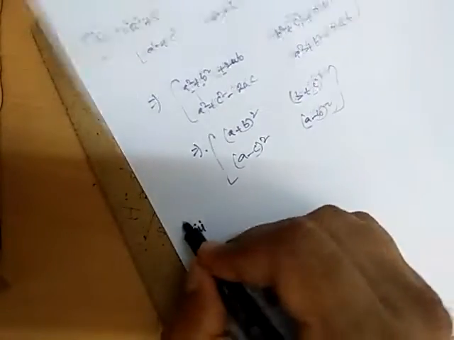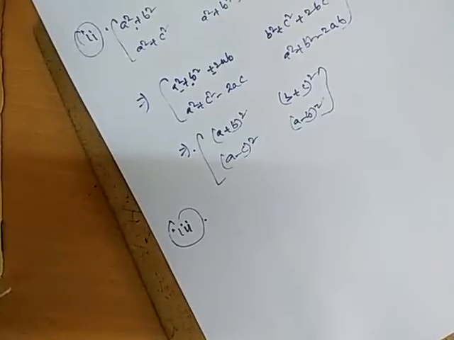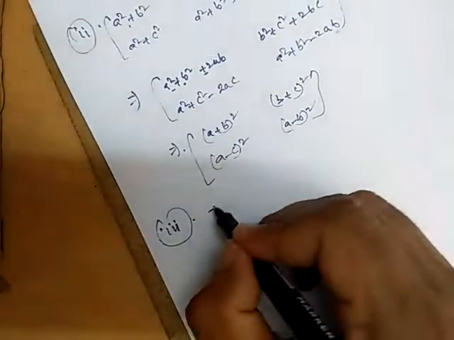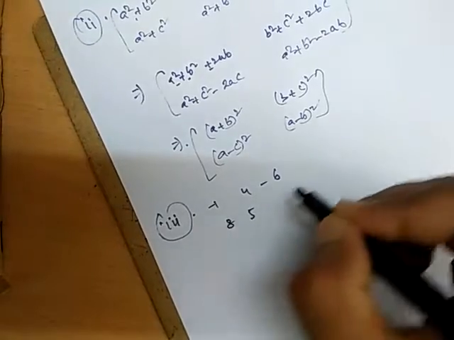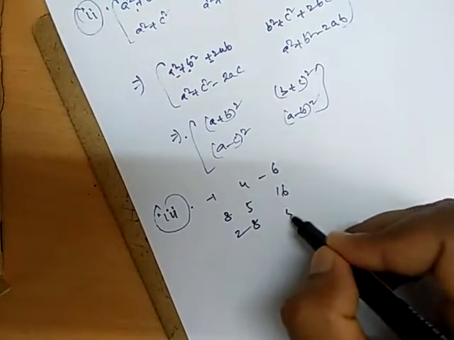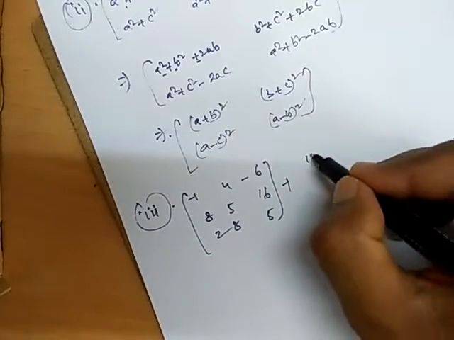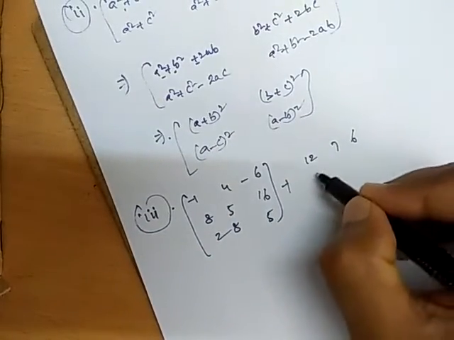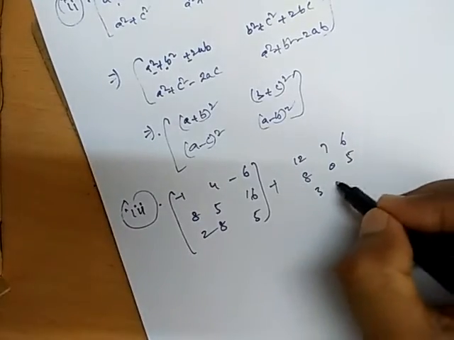So the third question is: minus 1, 4, minus 6, 8, 5, 16, 2, 8, 5, plus 12, 7, 6, 8, 0, 5, 3, 2, 4.